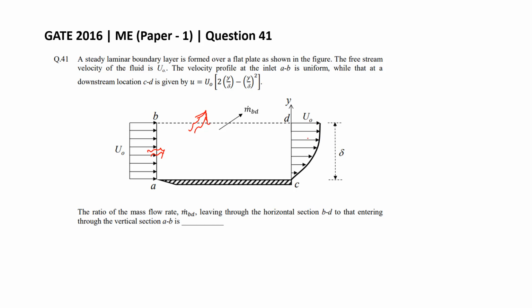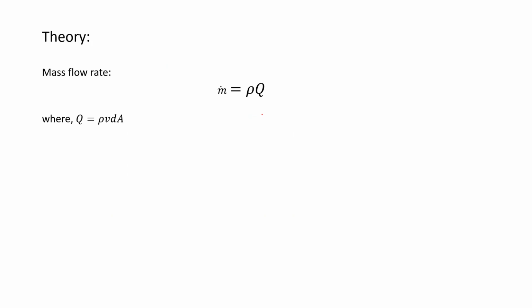And if both of them are not the same, something has to go from the other direction, which is the vertical direction, because at the bottom you have this flat plate, and there can be no penetration in this plate, so no mass will flow downwards. So everything which is left should go from BD. So that we have already established.